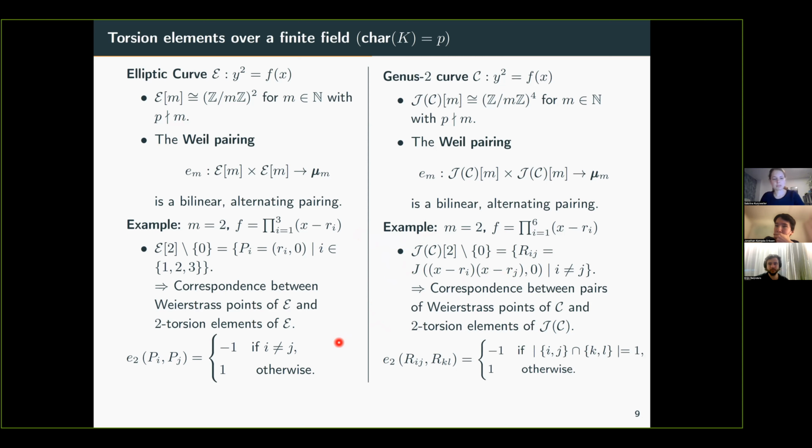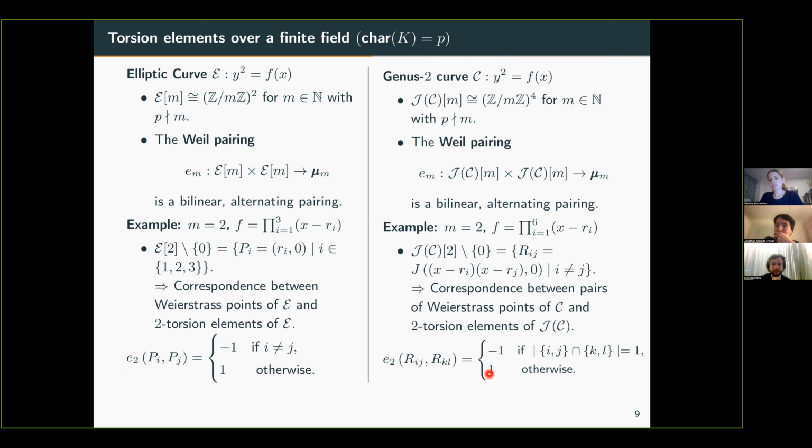And then maybe one other important difference is that if we look at the Weil pairing of two torsion points on the elliptic curve, this will always be -1 unless the points are identical. In the genus 2 setting, this is a bit different.